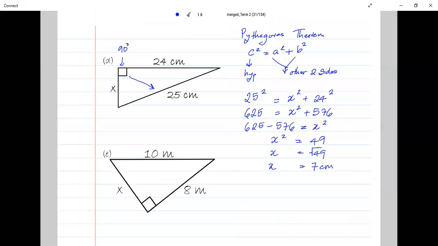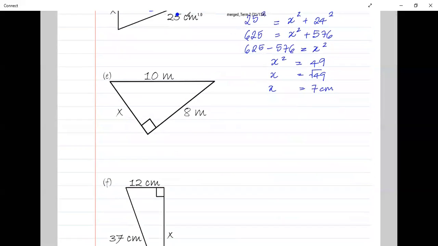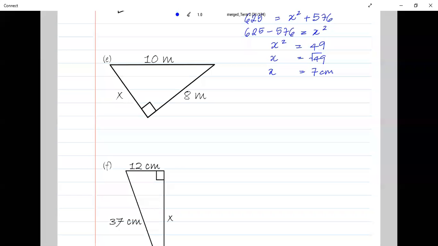All right, so this is D. Let's go down to E and F. All right, so in E, I have a right angle triangle of which I know the length of two sides, and I wish to find the length of a third side, X. If I know two sides of a right angle triangle and I wish to find the length of the third side, I must use Pythagoras Theorem.